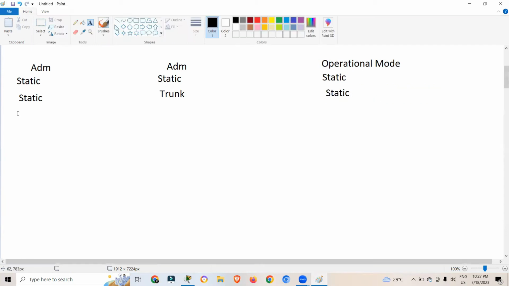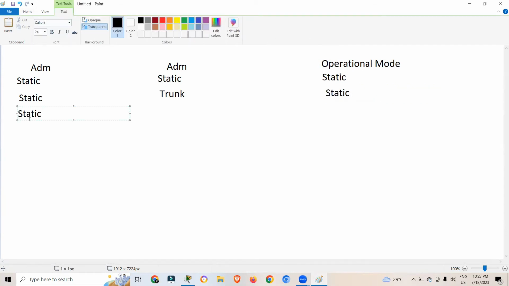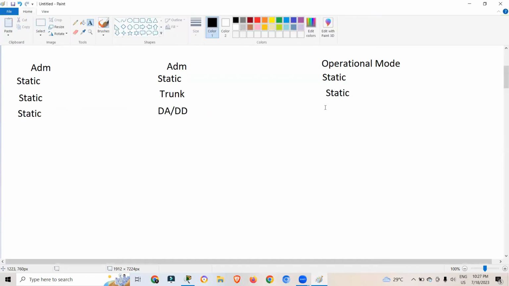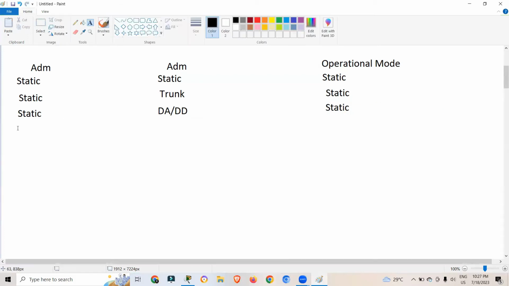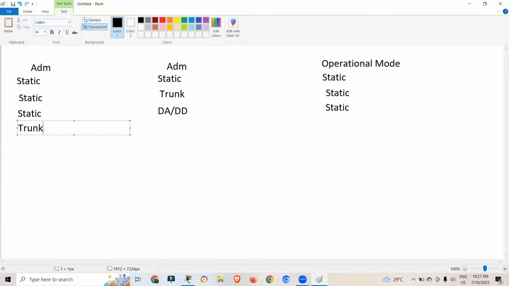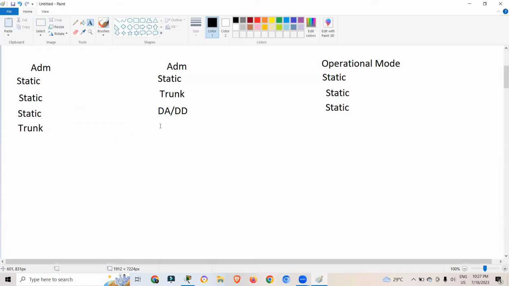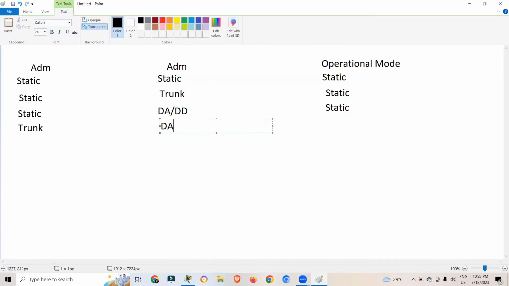Static plus dynamic auto or dynamic desirable will also be static. So these three are the combinations of static. Trunk plus dynamic auto will be equal to trunk.